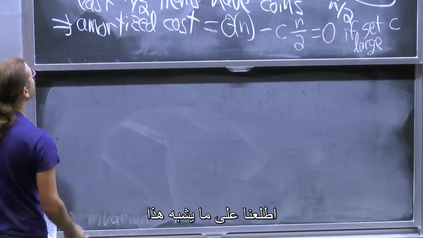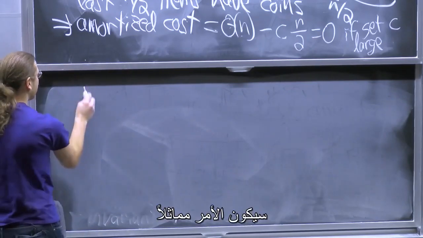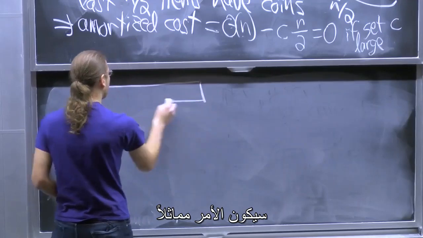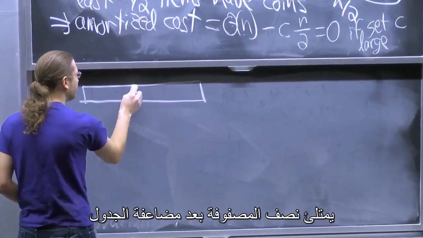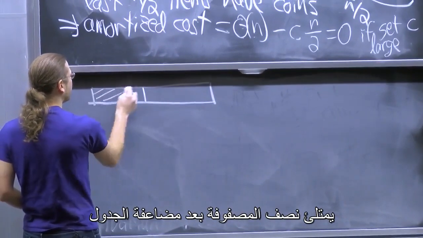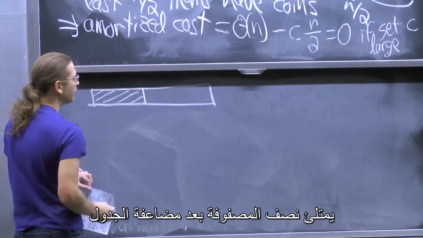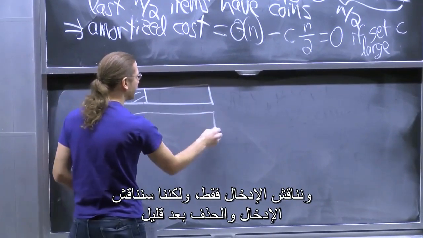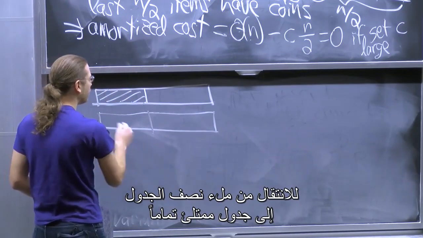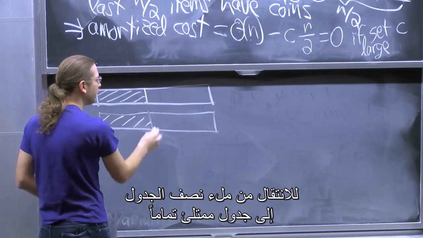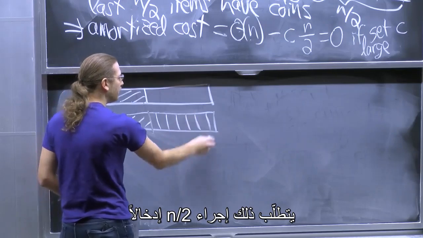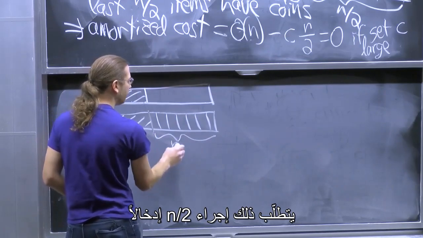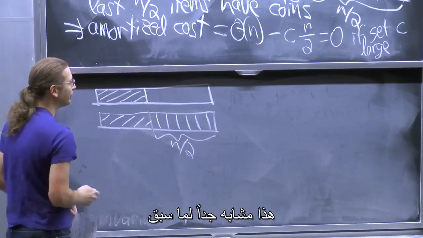So we have this kind of picture already. It's going to be pretty much the same. After I doubled the table, my array is half full. And again, insertion only, although we'll do insertion and deletion in a moment. In order to get from half full to completely full, I have to do n over 2 insertions. It's looking very similar.